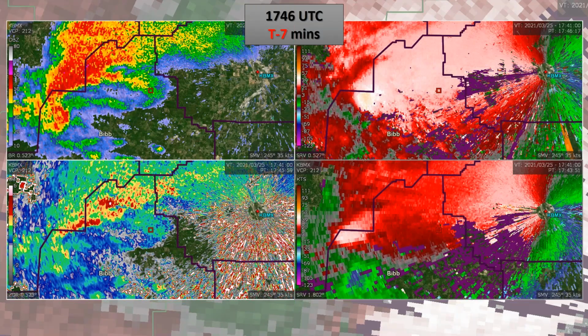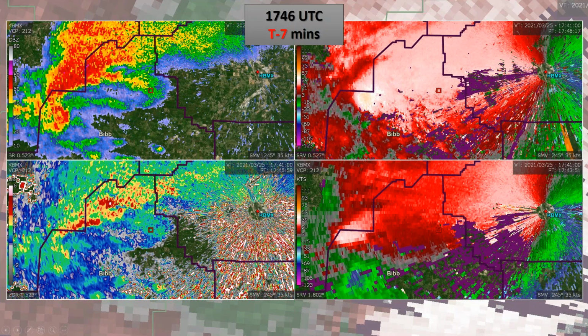And just to get you oriented in this particular four-panel, all I have in the upper left is reflectivity at half degree. Upper right is storm relative velocity at half degree. The bottom right is storm relative velocity at 1.8 degrees, and the bottom left is ZDR. So again, supercell characteristics, obviously, with this particular storm.